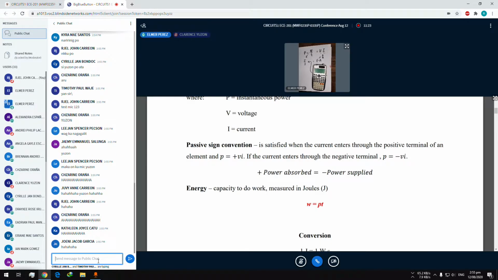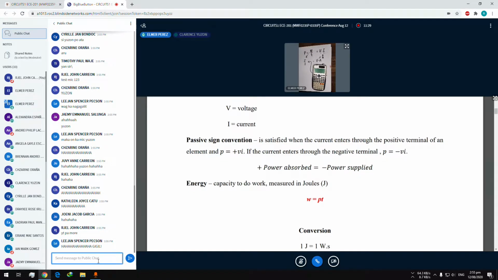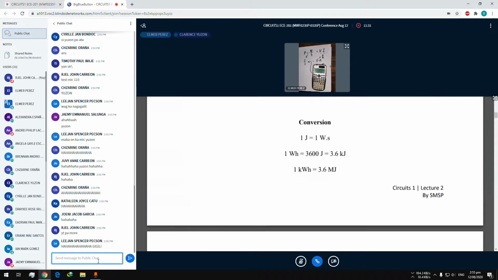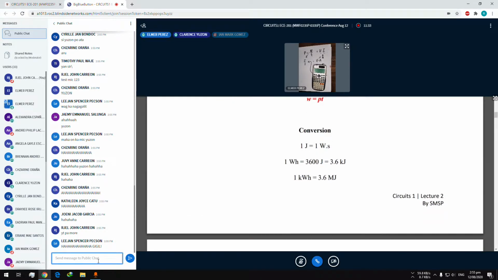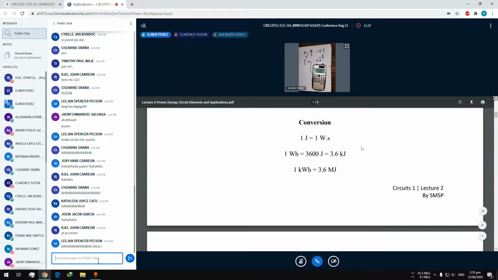Okay, so let's continue. Energy, that's a work, is equal to power times time. So let's add conversions. Ang 1 joule is equal to 1 watt second. Kasi that is energy, it's power times time.